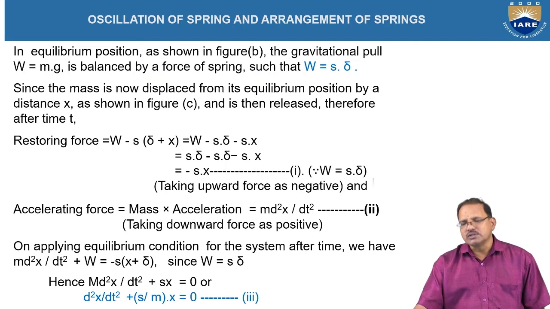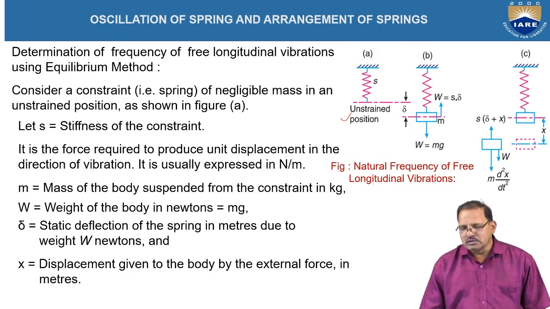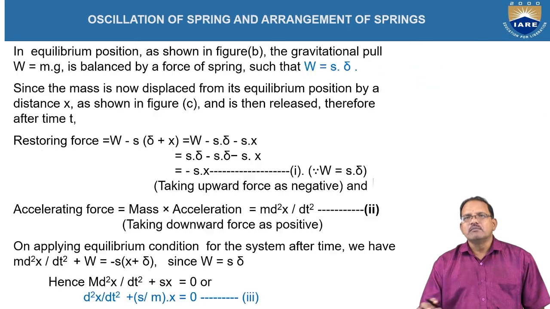Now in equilibrium position shown in figure 2, we got W is equal to S into delta, where S stands for the stiffness of the spring and delta is the static deflection. Since the mass is now displaced from its equilibrium position by X, the restoring force is equal to W minus S into delta plus X. W is treated as positive, acting downward.